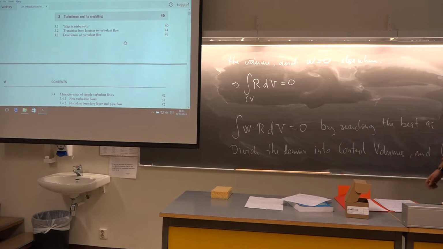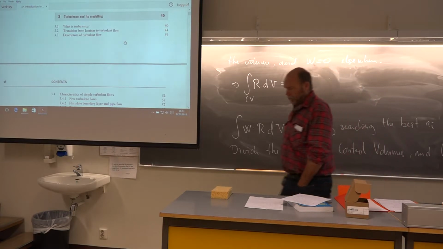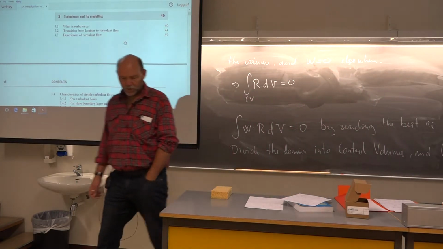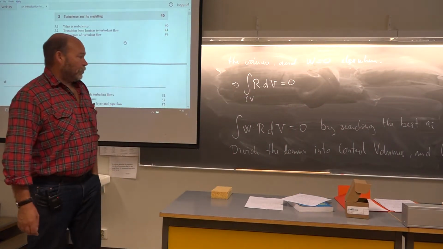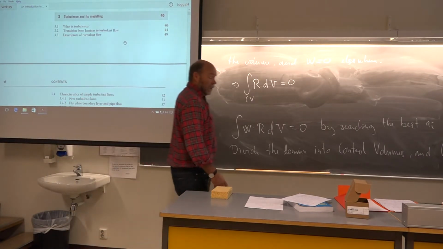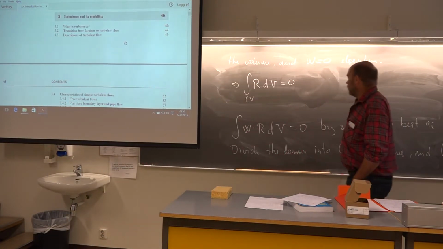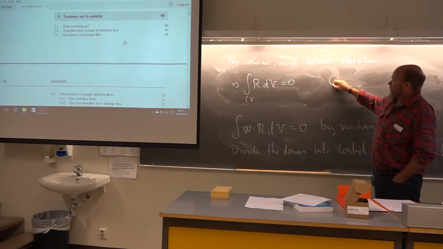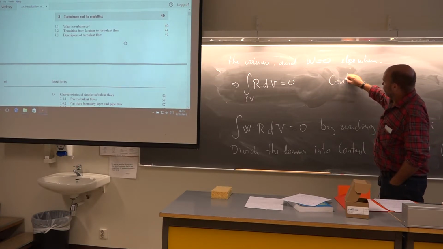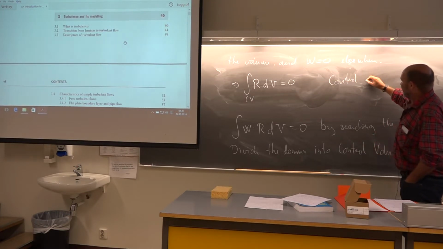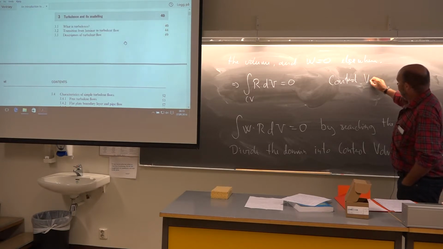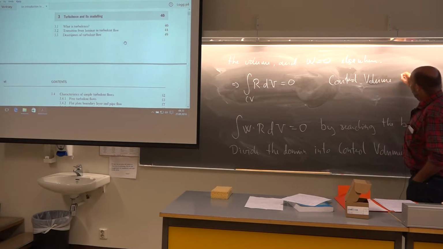So what happened now to finite volume versus finite element? What should we call this method? Some people call it the control volume formulation. Actually a better word. Control volume formulation.